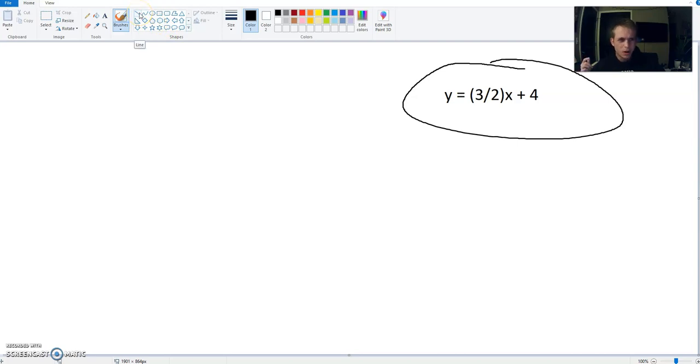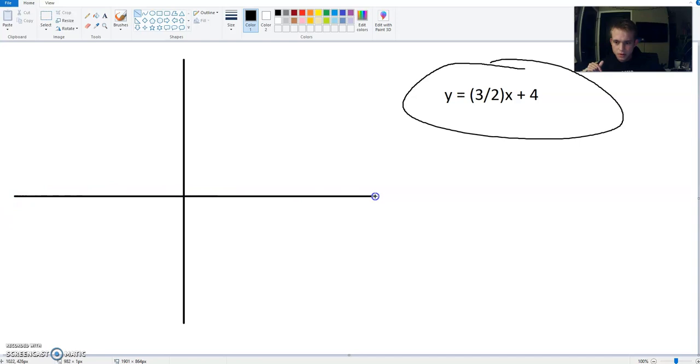I'd like you guys to follow along, try and do this in Paint, and what we're going to do afterward is we're going to use Desmos to check our work. Alright, so let's construct our axis. Always a fun time.